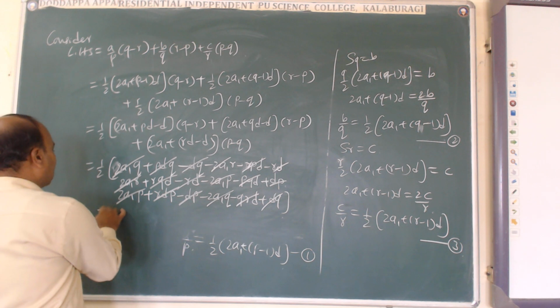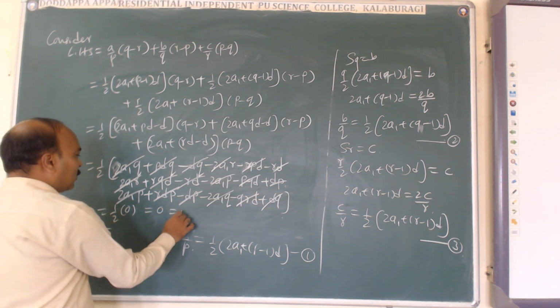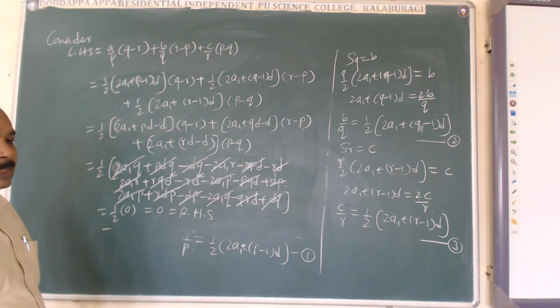All terms will get cancelled. It is 1 by 2 into 0, it is equal to 0, it is equal to RHS. Like this, we solve this example.